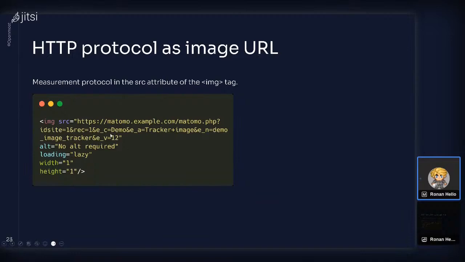And then we have event value equal 12. You don't have to set an alt attribute, but you can if you want. You are not required to, but you can lazy load the pixel and set a width of 1 and a height of 1. It's totally optional. The only thing is to set the source and an alt, even if it's empty.